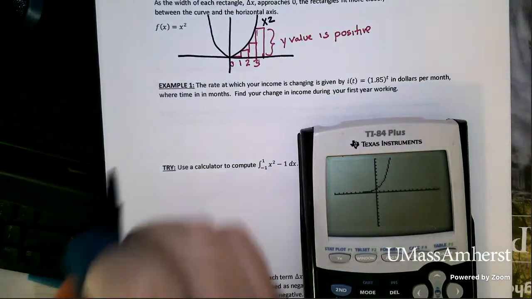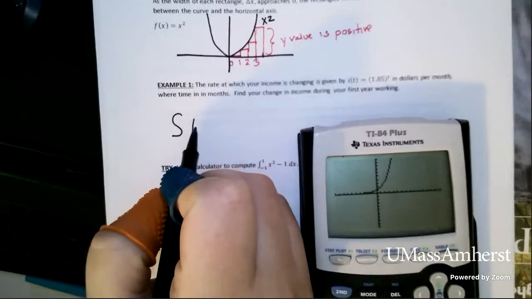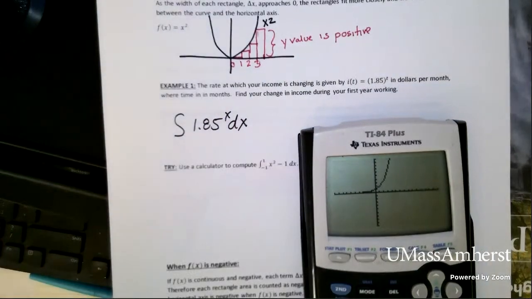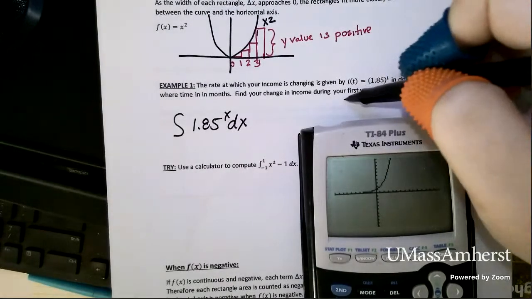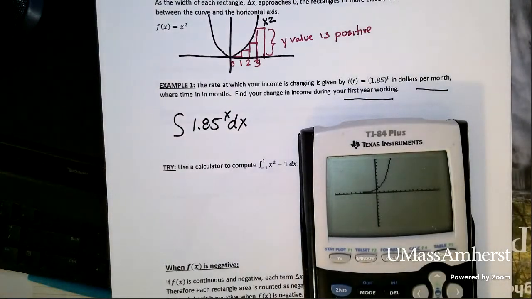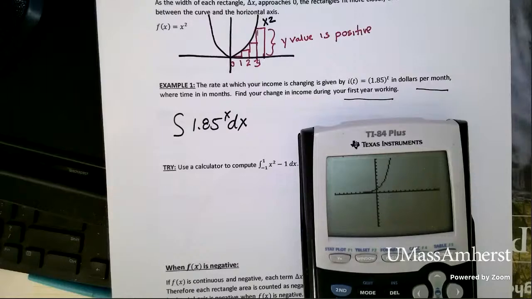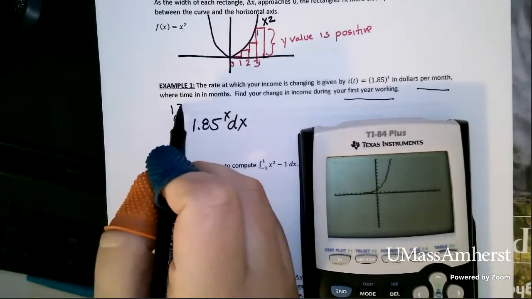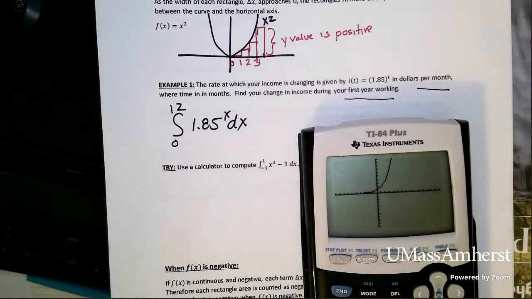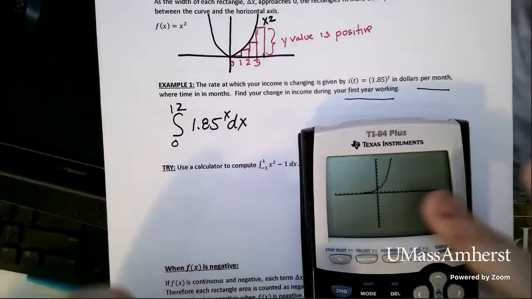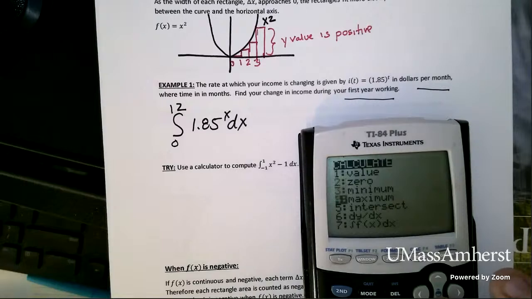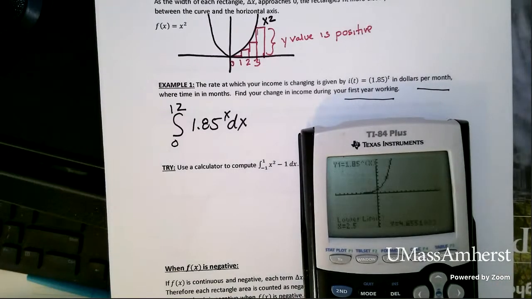Now, setting up this integral of 1.85 to the x dx, one thing I have to be careful about here is that even though I'm looking for my first year working, my rate is in dollars per month. So I have to turn my years into months in order for this to make sense. So the first year is actually 0 to 12 months, okay? Now, if I were to find the area under the curve, I can actually do this on a graph as well, if you'd like. If you go to second calc, you can go down to number 7, which is going to give you the area.